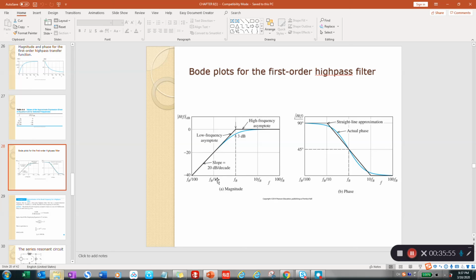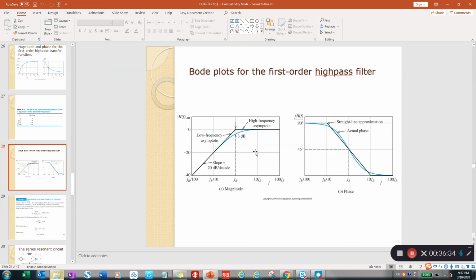So this is 1 decade from FB to FB divided by 10. The magnitude in dB will reduce by 20 dB. For another decade, from FB divided by 10 to FB divided by 100, it will reduce by another 20 dB. So you are going to have negative 40. Then connect these 2 points, and you are going to get this straight line.